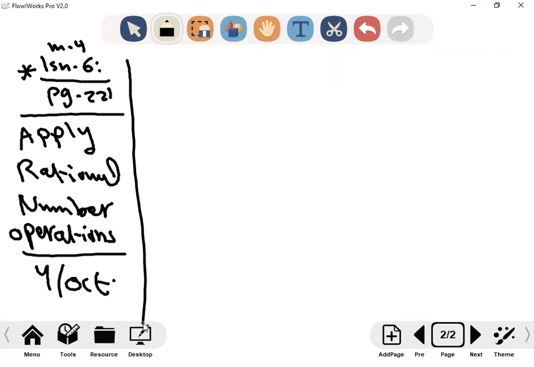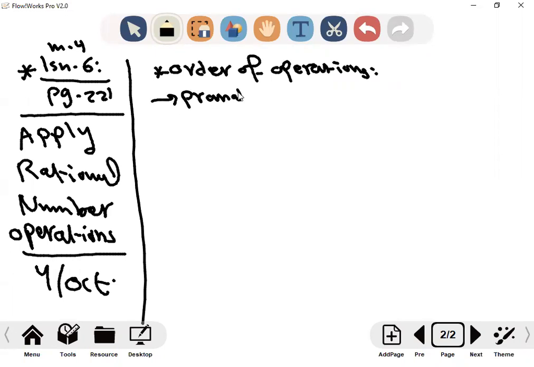Now, let's remember the order of operations. We took them in the previous module for integers, right? You can apply them to fractions also. We start with parentheses, okay?